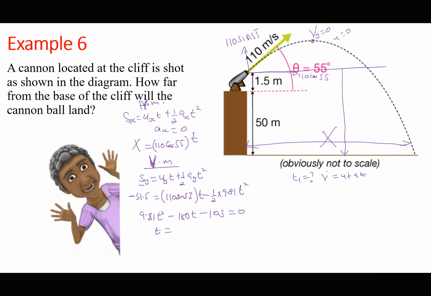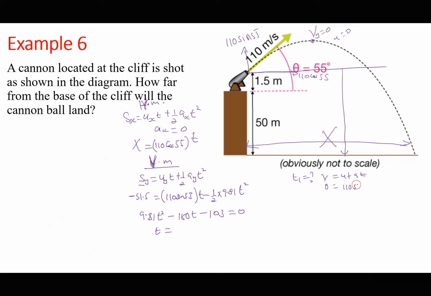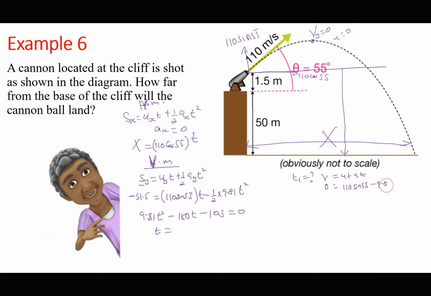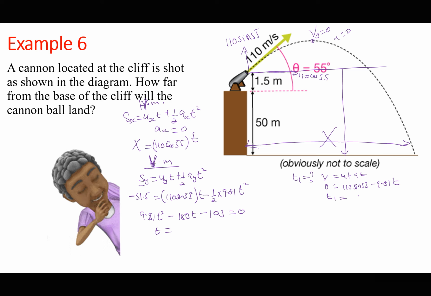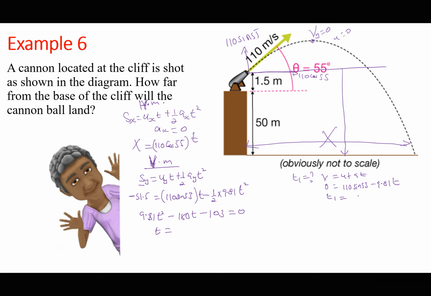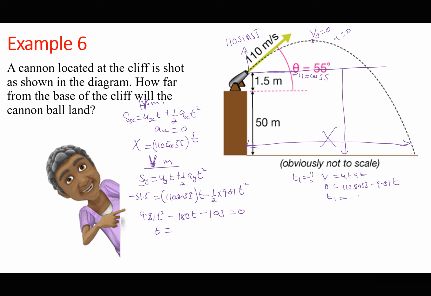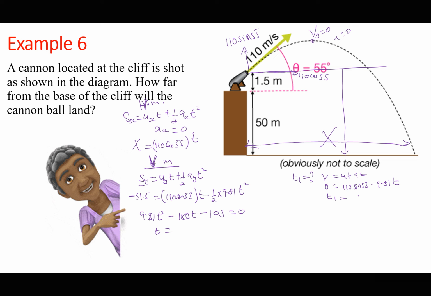T1 to reach the highest point, remember at the highest point V is 0 in the vertical, so 0 equals 110 sine of 55 minus 9.81 times T. So T1 is equal to 110 sine of 55 divided by 9.81.